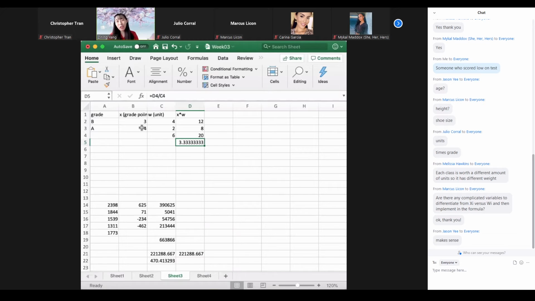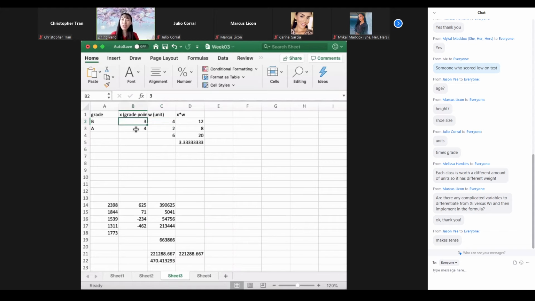So even though you have a 4.0, you have a 3.0, your GPA isn't a 3.5. And it is because of the weight. You didn't do well in the more important class, right? The 4-unit class, that's more important, but you didn't do well.